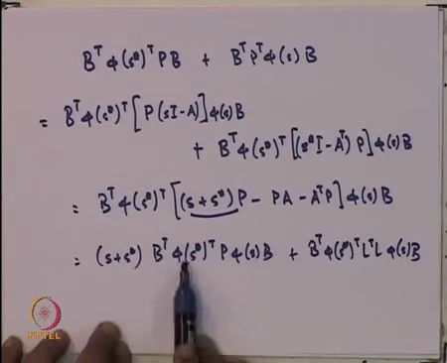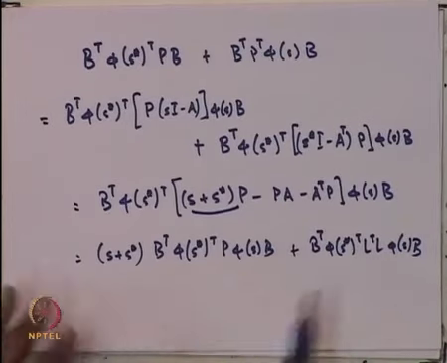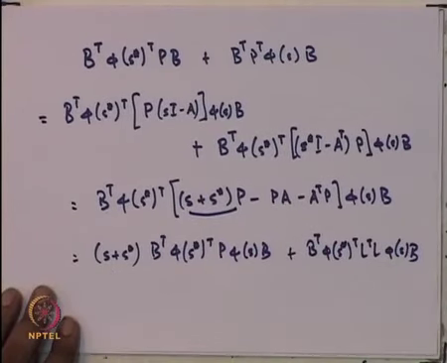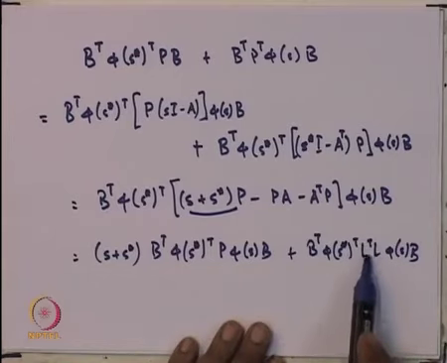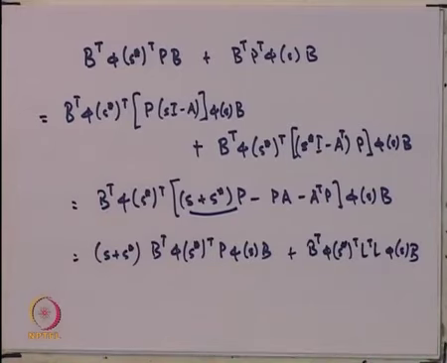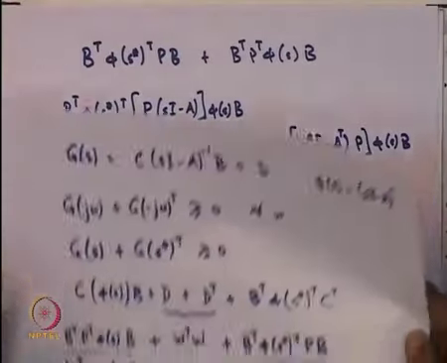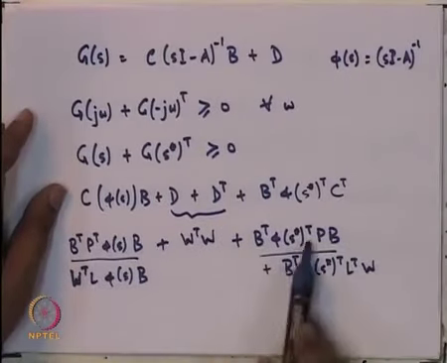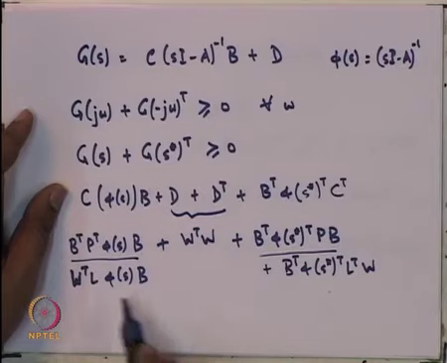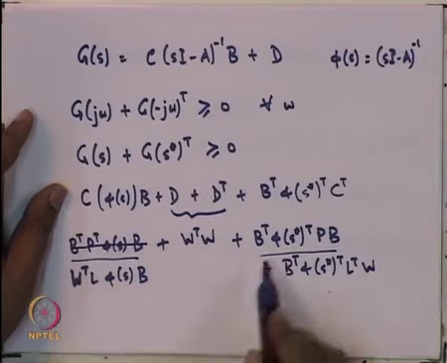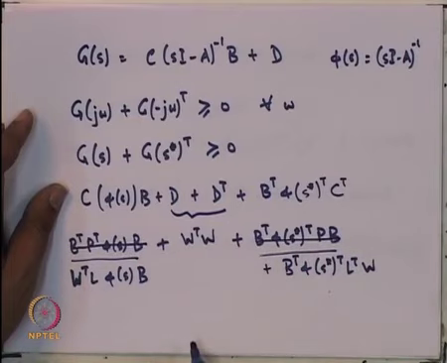This is a term which is sort of symmetric, if you like, but multiplied by S plus S star, and this is also something symmetric, but what you have is L transpose L. Now let us go back to the previous thing where you had these 5 terms, and we picked up these 2 terms and did manipulations to get what we have there. So into this slide I will cancel these 2 terms, and I will add the 2 terms that we have got now.